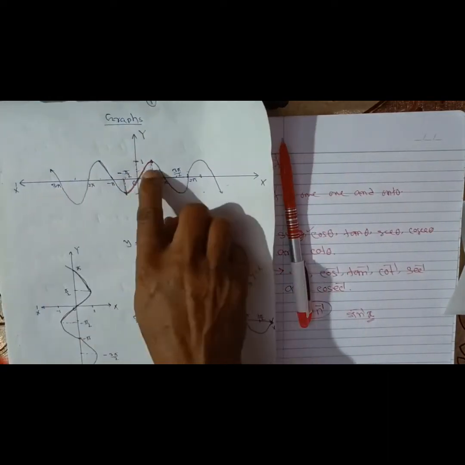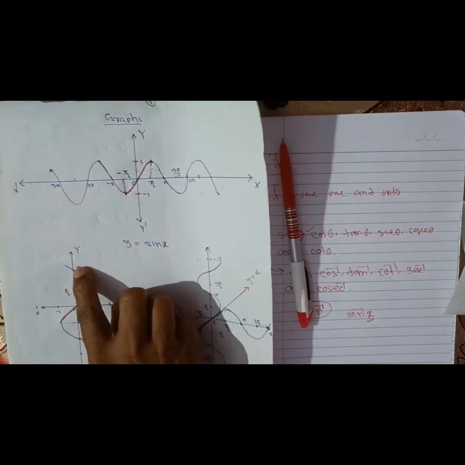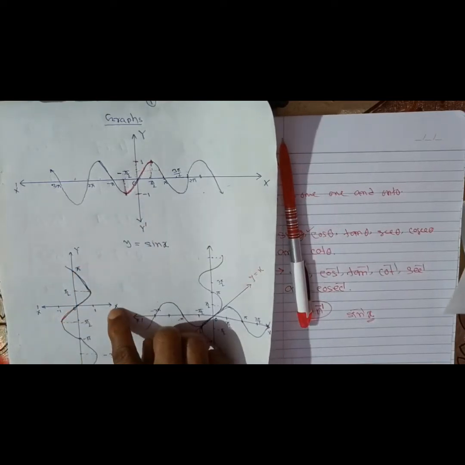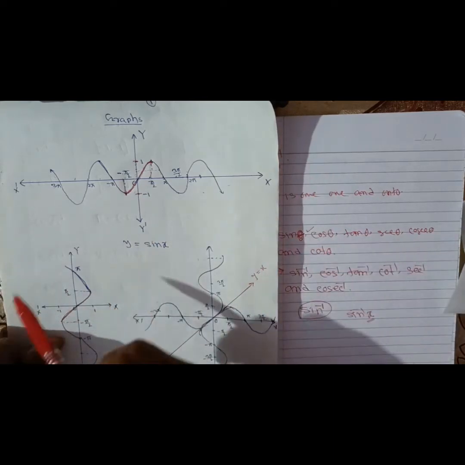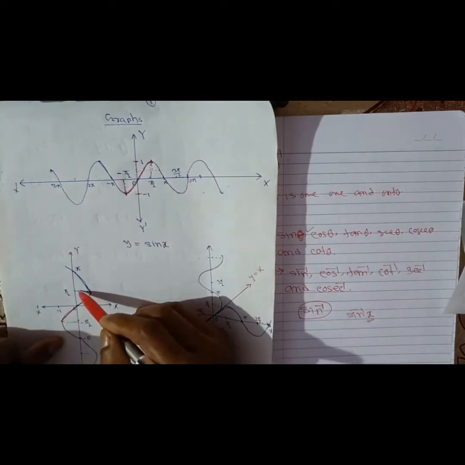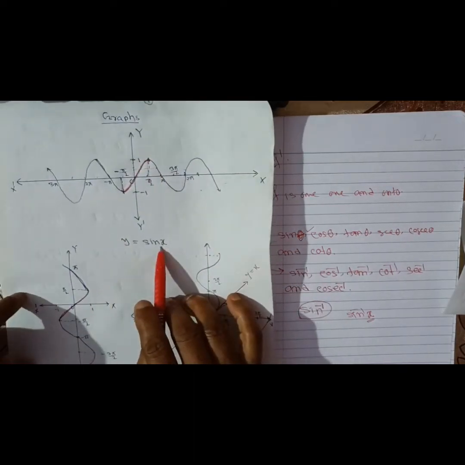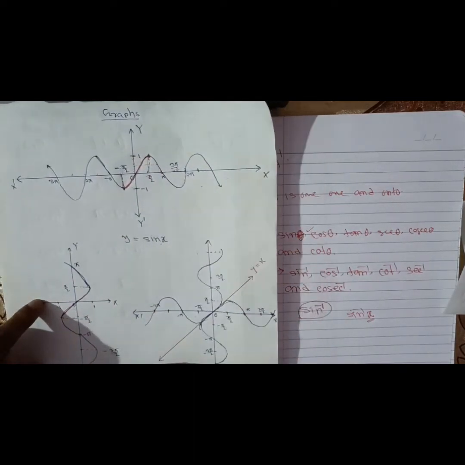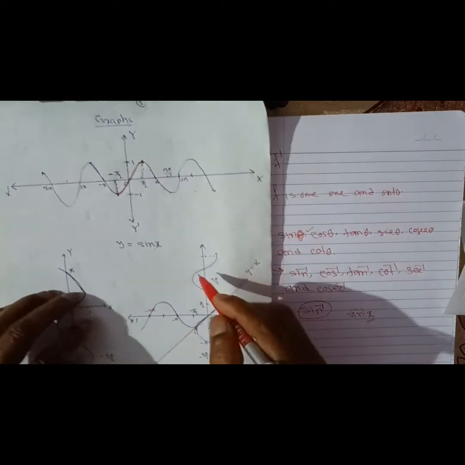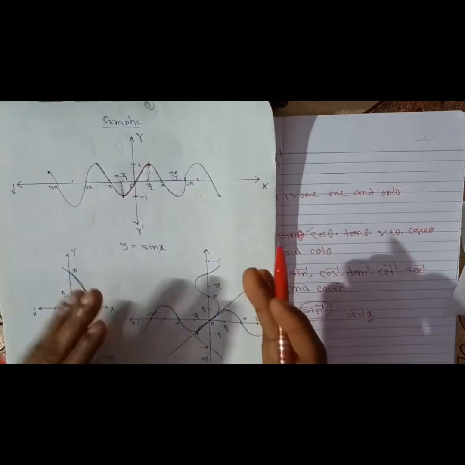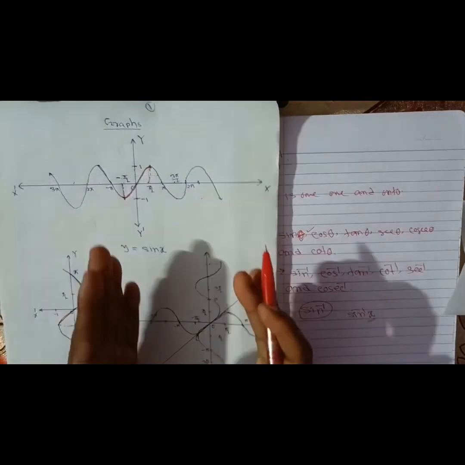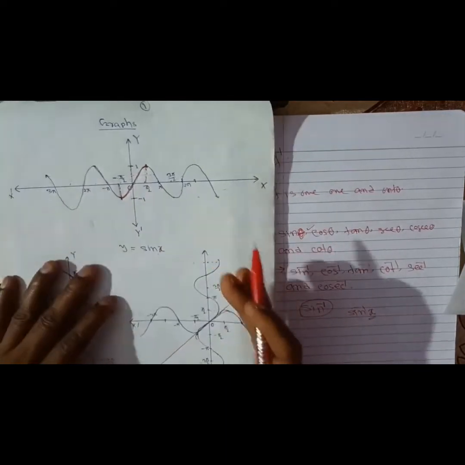That means the x-axis becomes the y-axis and the y-axis becomes the x-axis. If we join two graphs, y equal to sine x and y equal to sine inverse x, and draw them on graph paper, the graph looks like this.